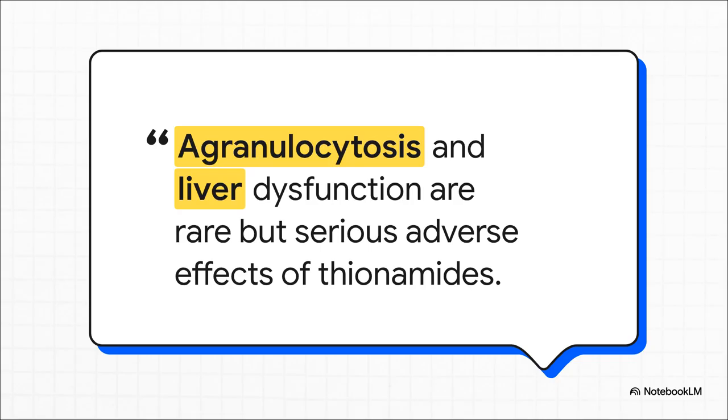Now, if you do start a patient on a thionamide, there's a crucial piece of counseling you have to do. You have to tell them about these rare but really serious side effects. The instructions are simple and non-negotiable. If you get a fever, a sore throat, or if your skin or eyes turn yellow, you stop the medicine immediately and get help. This is a huge patient safety point.